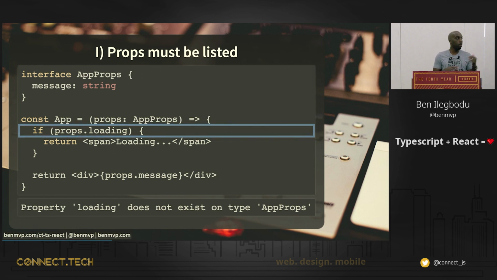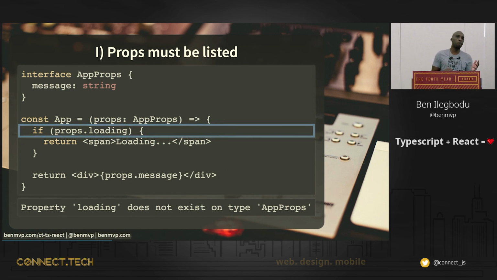So here we have our definition of AppProps in the interface, and we defined one prop, message, and we're saying it's a string. So that's the only prop that will be available in our React component. But in this case, we're trying to use props.loading without defining it in the interface. So it fails the type checker, as you can see below. Property 'loading' does not exist on type 'AppProps'.